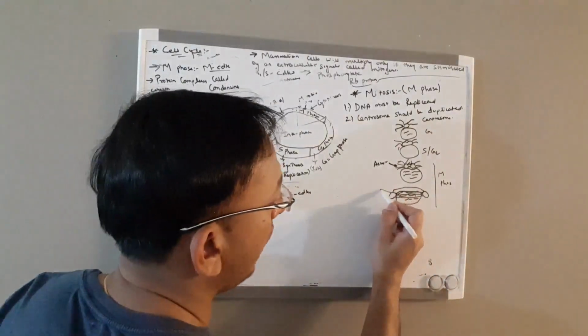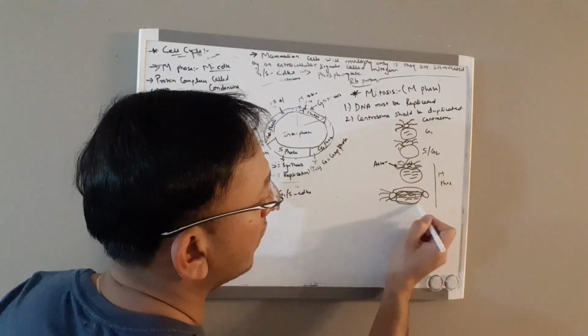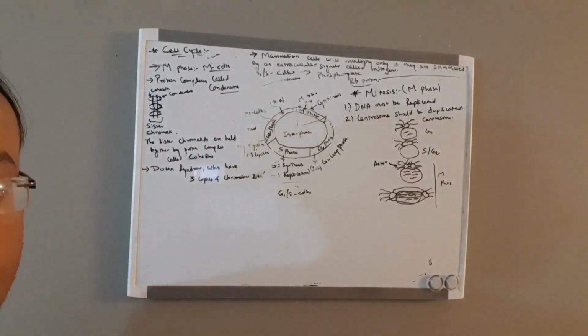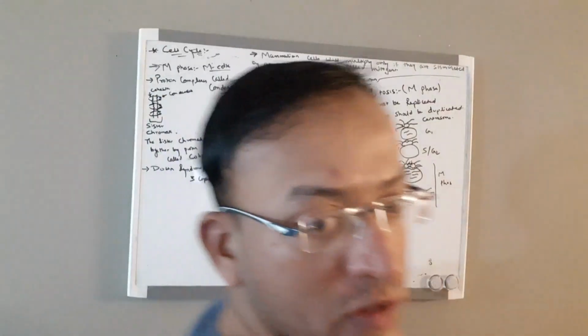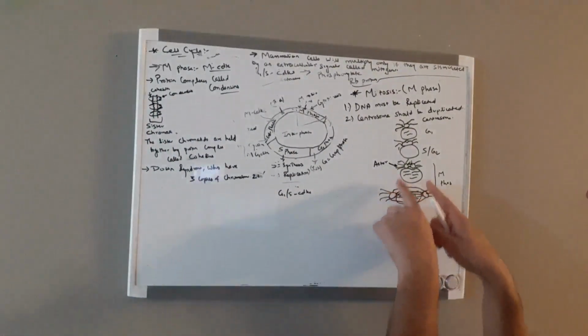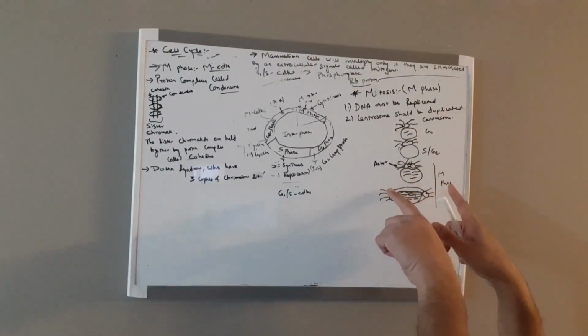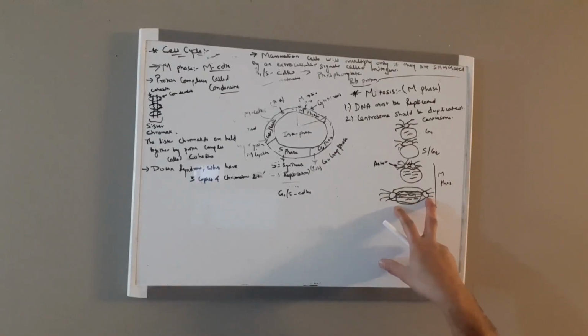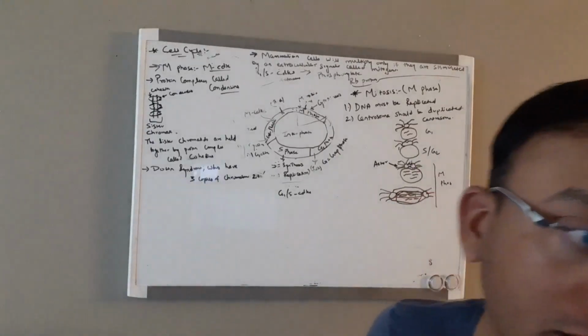So it will be something like this. So these two asters will start moving to the opposite sides of the nucleus, and it will form two poles, the two poles of the mitotic spindle, right?